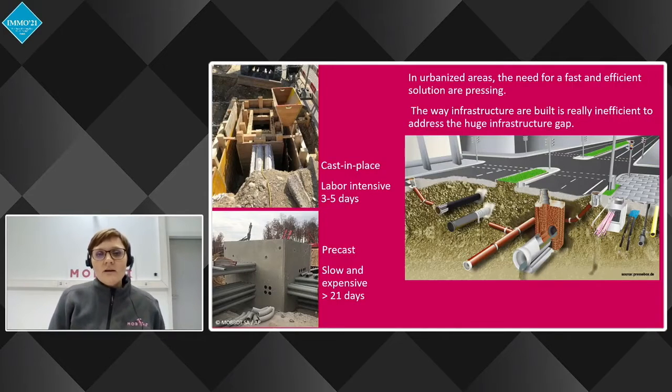So one of the challenges when you construct roads and infrastructure is that in urbanized areas you have a lot of underground obstacles, such as pipes for water, telecommunication, and electricity cables.